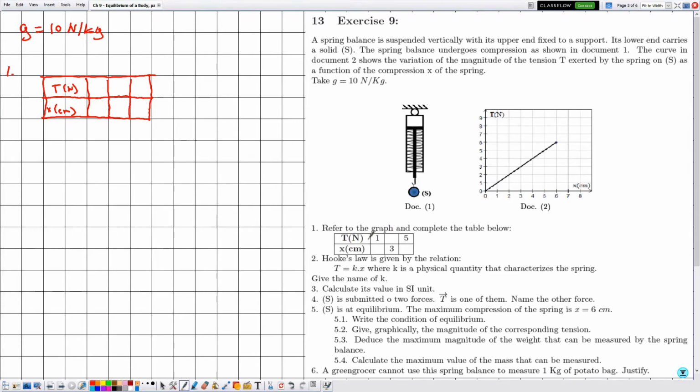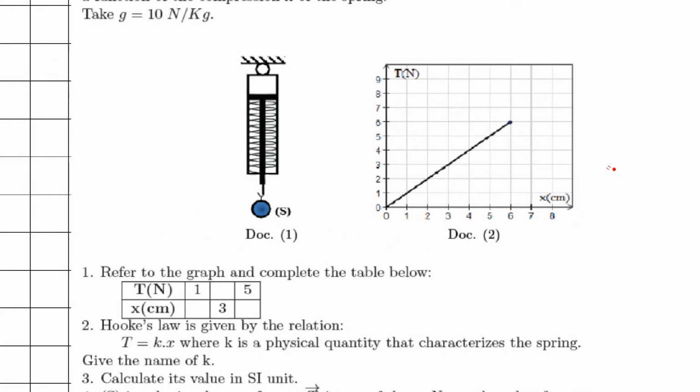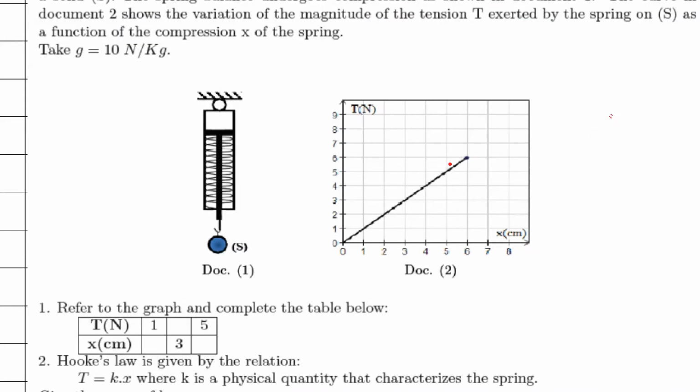Now, when the tension is given by 1 newton, what does this curve function as, or what's the benefit from this curve? If we know the value of T, we can determine the value of X, and if we know the value of X, we can determine the value of T, in which this curve represents the passage from T to X. So when T is equal to 1 newton, it corresponds to this point on the curve, which has the value of 1 centimeter.